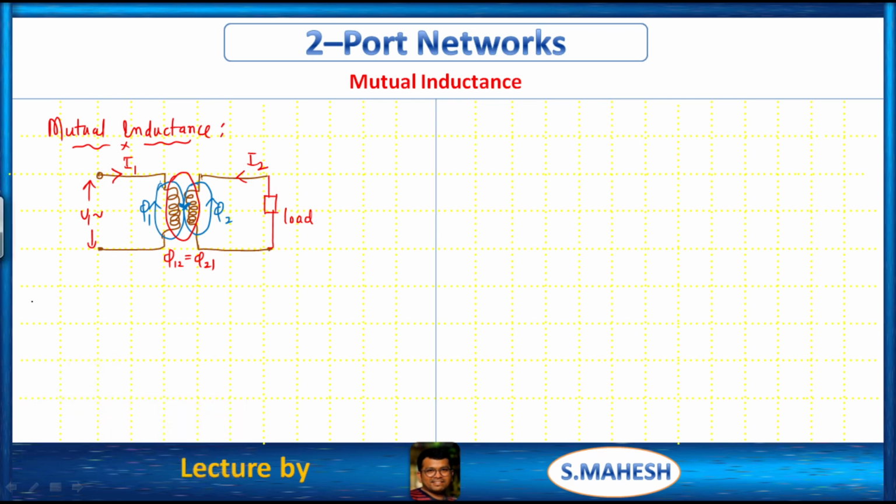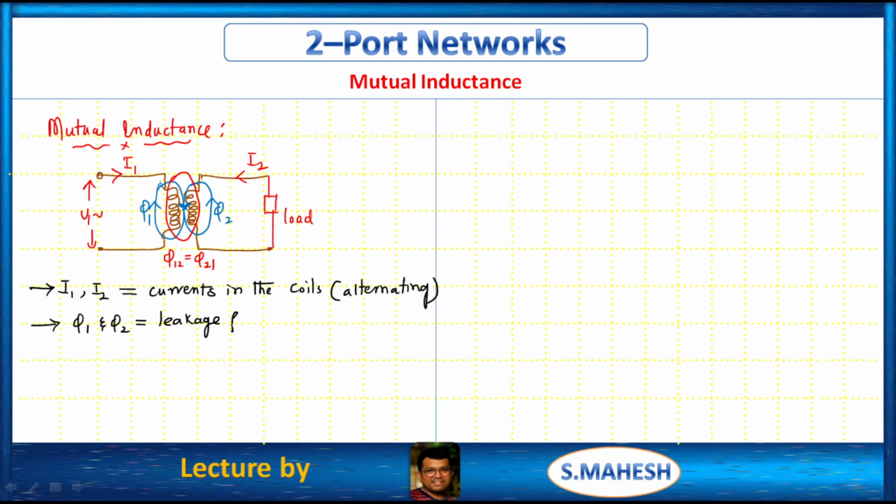So we can write here, I1 and I2 are nothing but the currents in the coils, those are alternating, right? Next, phi 1 and phi 2 are nothing but the leakage flux in coil 1 and coil 2.